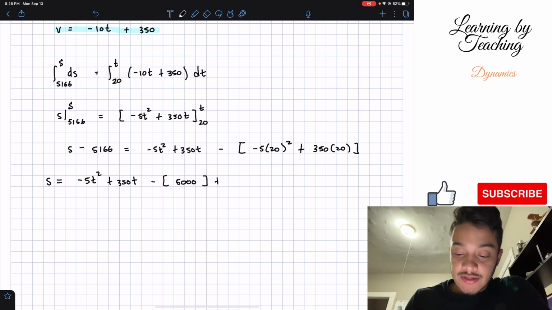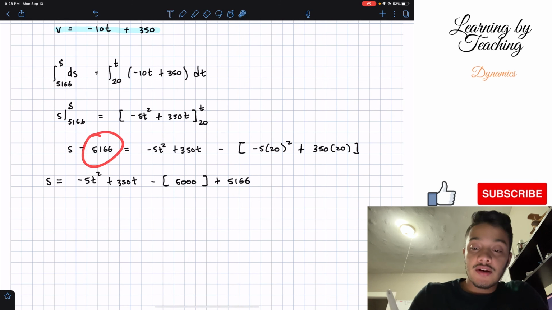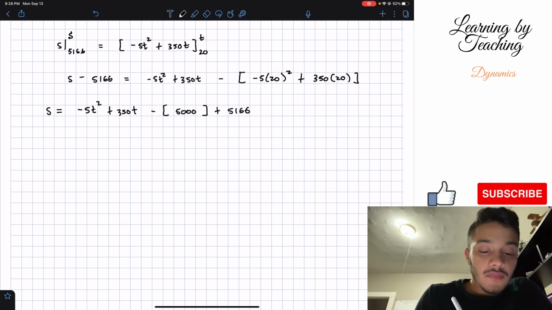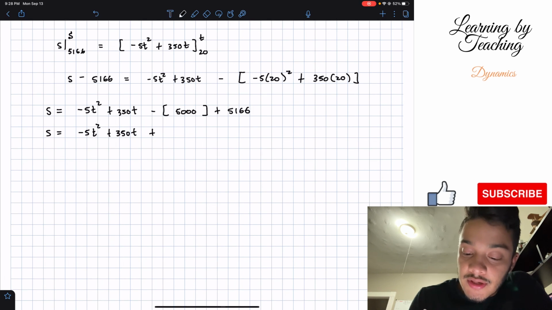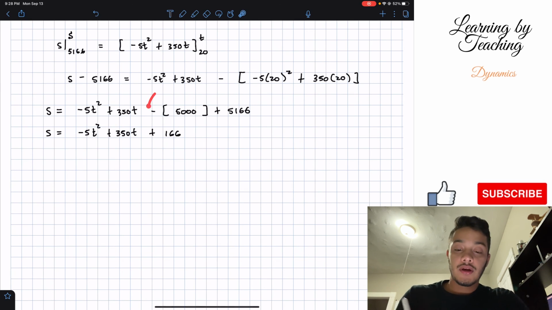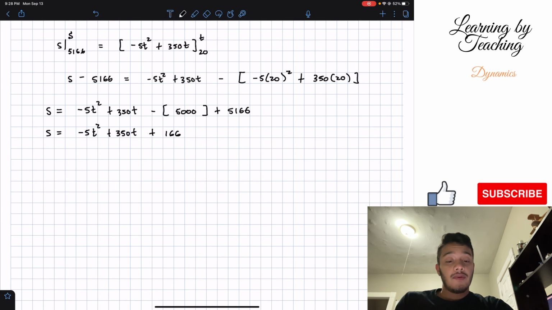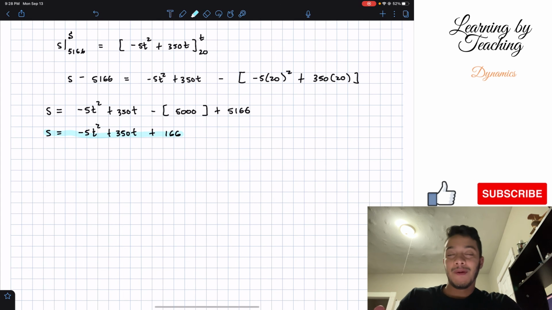And then we have plus 5,166 that is coming from this side of the equation. If we simplify for negative 5t squared plus 350t, then we're going to have plus 166, okay? Because we got negative and positive in here, they subtract. And we got our final equation for this problem, okay?